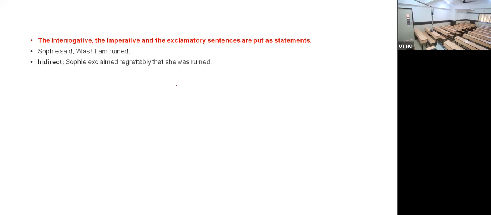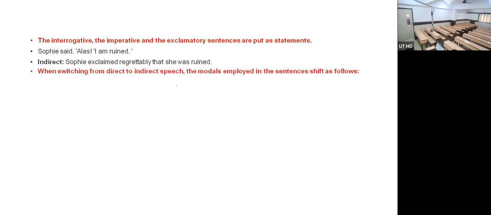Now when you use an exclamation mark, you are showing emotion. So it will become Sophia exclaimed regrettably. Alas is you are regretting something, that she was ruined. So that is the emotion that comes into the indirect speech. Because we are not using the exclamation mark or the question mark, if it is asked, it will change to inquire, right?